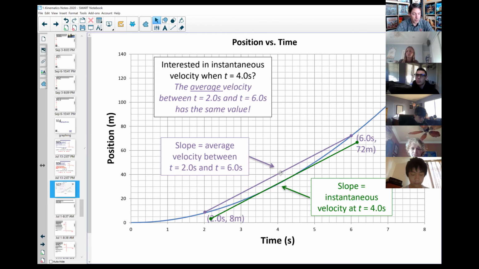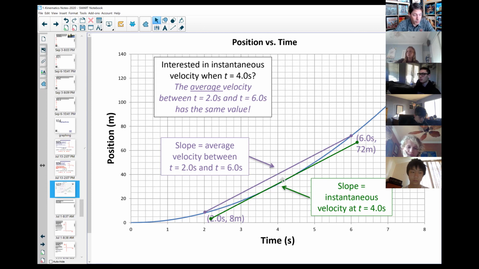So what you're going to be doing with your group is figuring out, okay, we've got all these points on our position time graph. If we pick these two points and find the average velocity for those two points, that would actually tell me the instantaneous velocity at what position in time? Oh, it would be at the midpoint. So you're going to have to figure that out and make those connections.